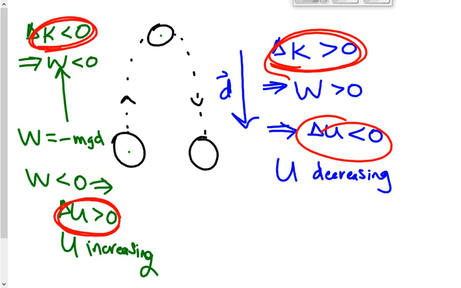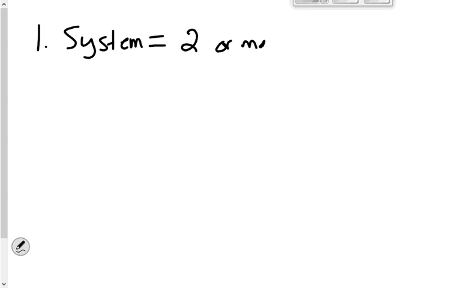All right. So let's generalize about the things we want to talk about when we do this. So I'm going to define a system. A system is 2 or more objects.